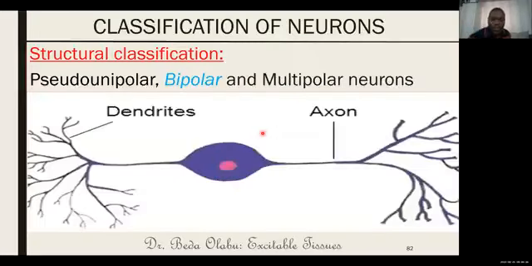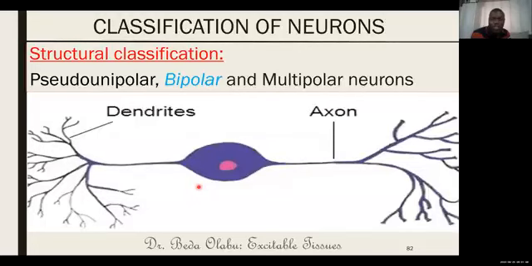We've also talked about bipolar neurons, that they have 2 processes, one being dendritic and the other one being axonal. Bipolar neurons are also primary sensory neurons, but they'll be primary sensory neurons from receptors of special sensations, such as the retina, which is the special sense receptor for vision.